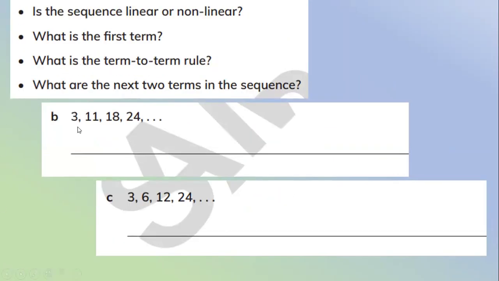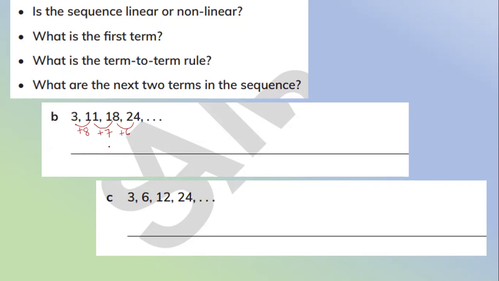Part B, the same question. 3, 11, 18. 3 and 11 is add 8. 11 and 18 is add 7. 18 to 24 is add 6.